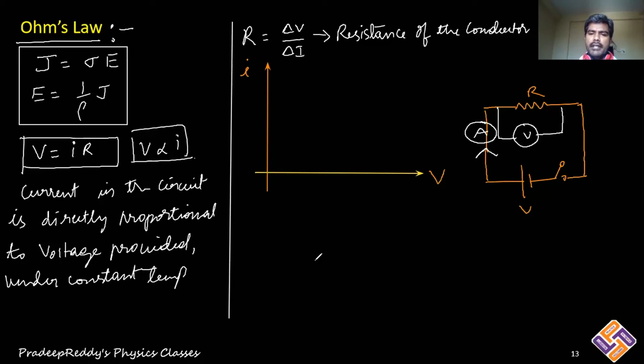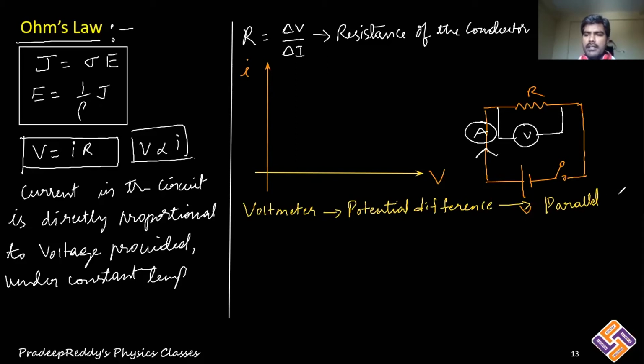Remember, a voltmeter measures potential difference between 2 points. And as it is measuring potential difference between 2 points, you need to connect it in parallel. And the symbol of voltmeter is V, like this.